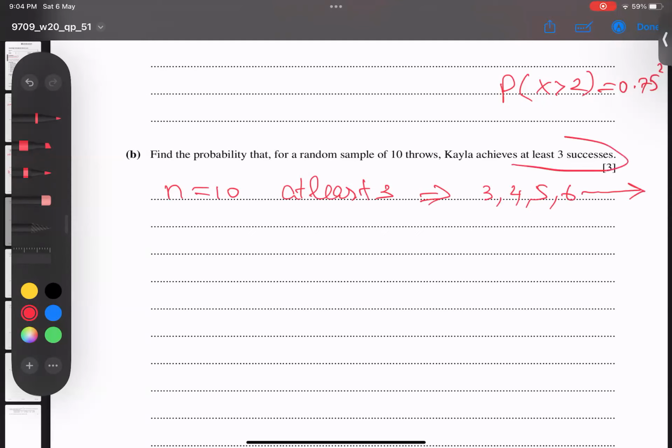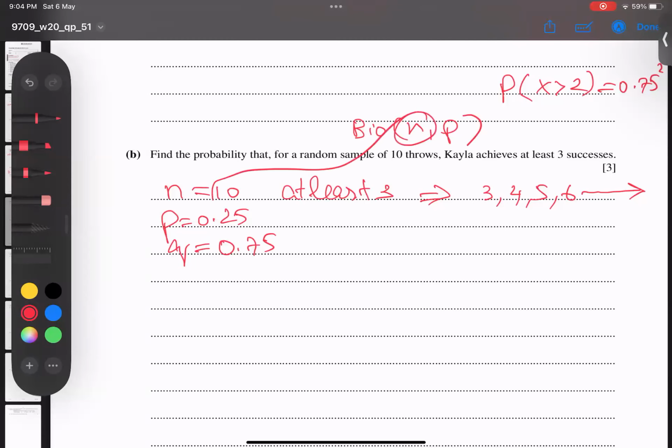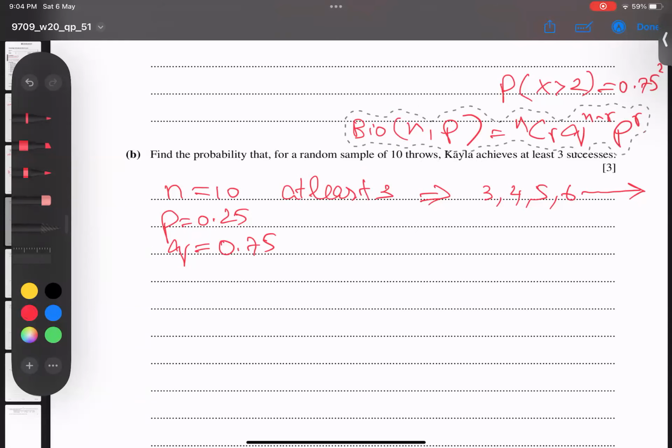Success means the probability of favor is 0.25, and the probability of not favor is 1 minus that, so 0.75. Now this question we convert into the binomial formula, you know it very well, n and p. n is the total sample given, and p is the probability of favor. And the formula, all of you are familiar: nCr q to the power n minus r, p to the power r. We will use this binomial formula to solve the question.